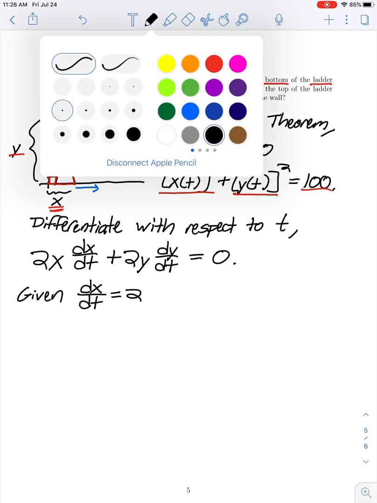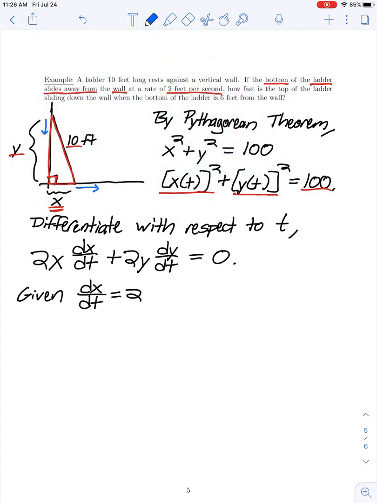So let's see what else we're given. We are also given the instant when the bottom of the ladder is 6 feet from the wall. So that would be, again, our distance x, which we're told is 6.